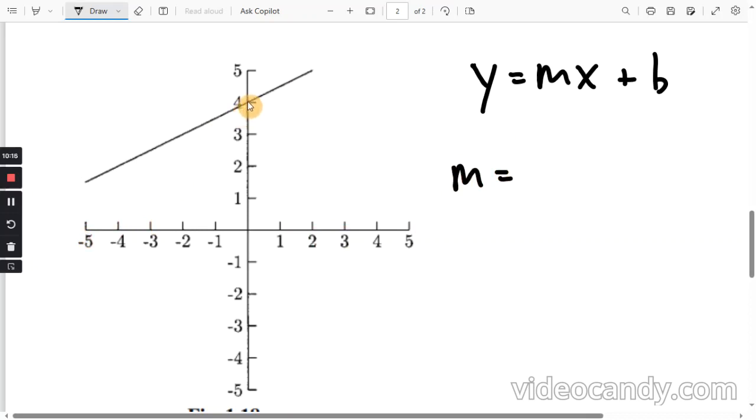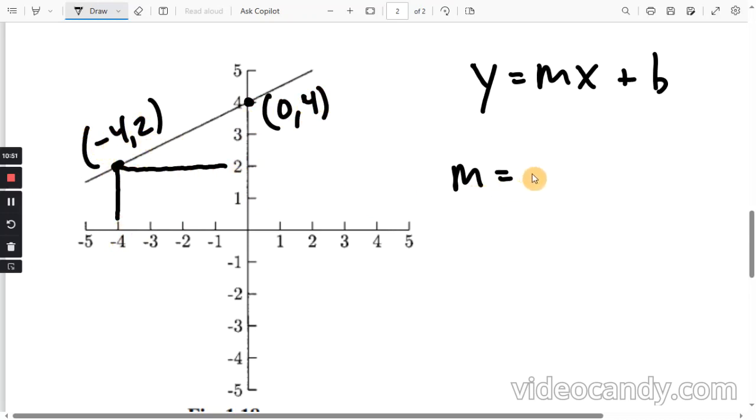We got one point here, and if I can grab one other point, I think this point here would be at -4. All right, so this point here is 0, 4, right? 0 on the x and 4 on the y. And this point here is at -4, 2.